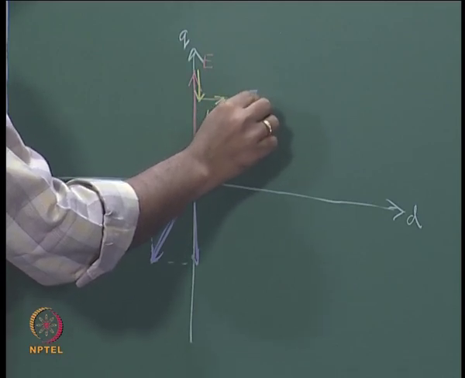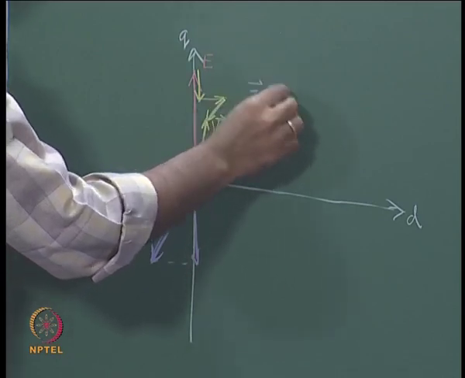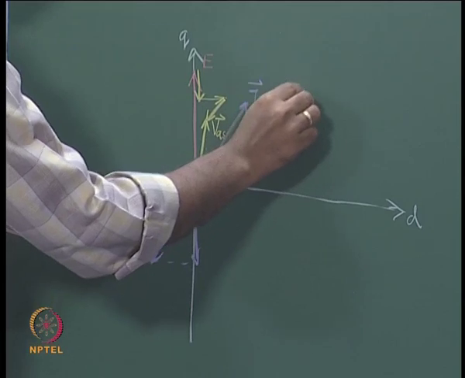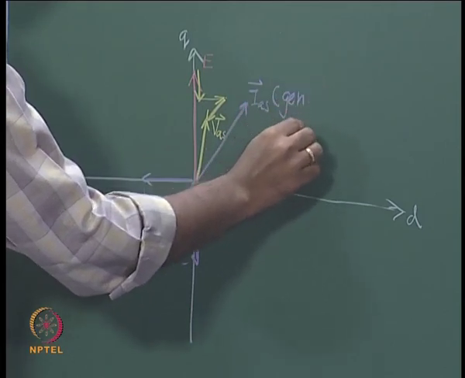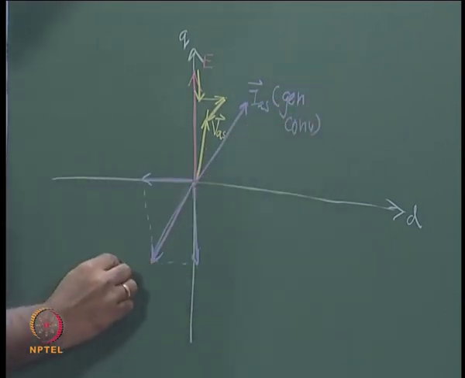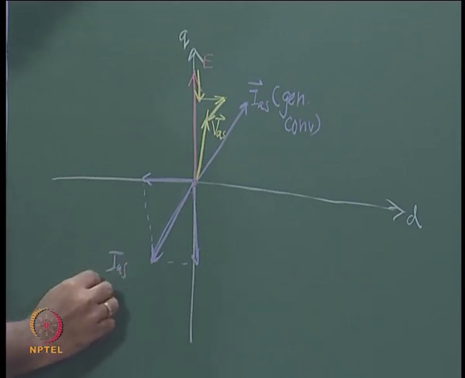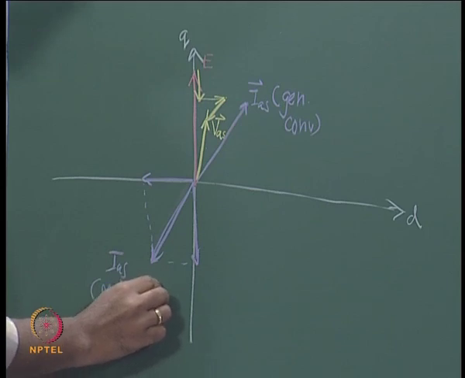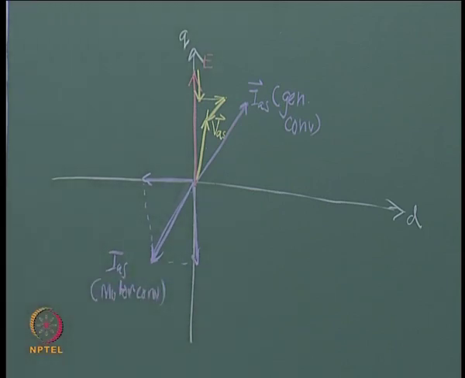This is your IAS generator convention, whereas this is IAS motor convention. Right. So, in this manner one can draw the phasor diagram.